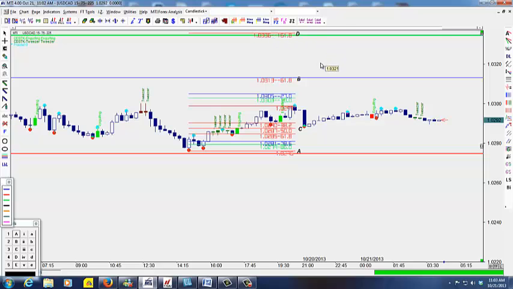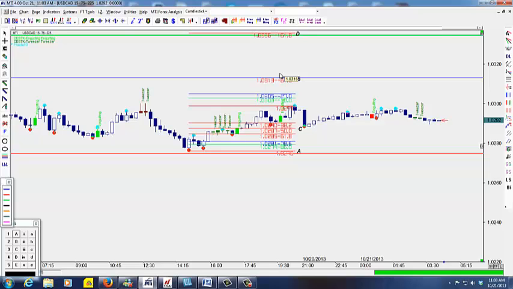Doesn't mean if it's still going strong at the D extension that we have to get out, but we can scale out. You know, if you have 2 lots in, you can go down to 1 lot and let 1 lot run, or however you manage your money management.